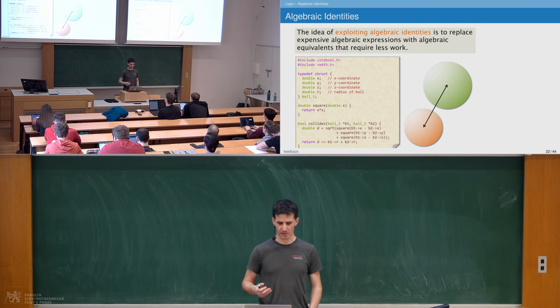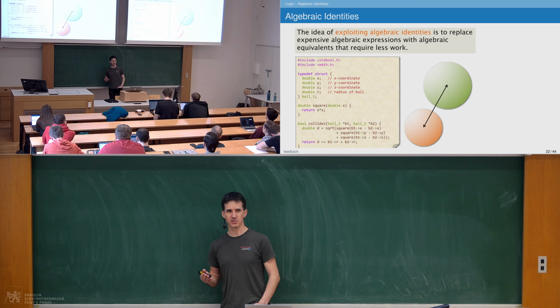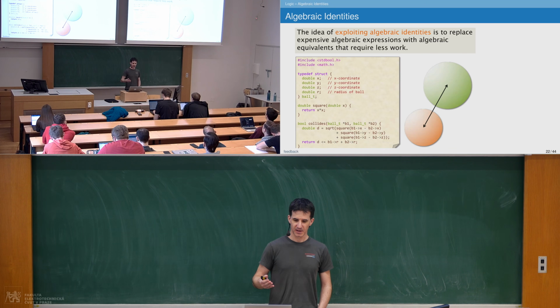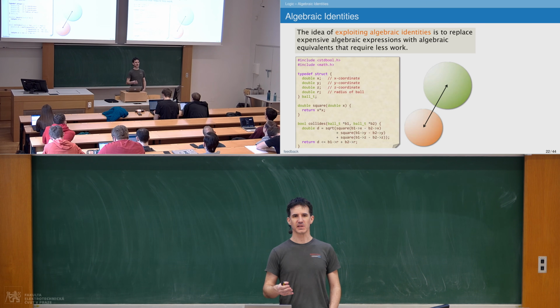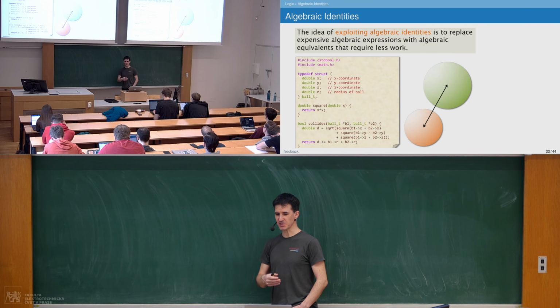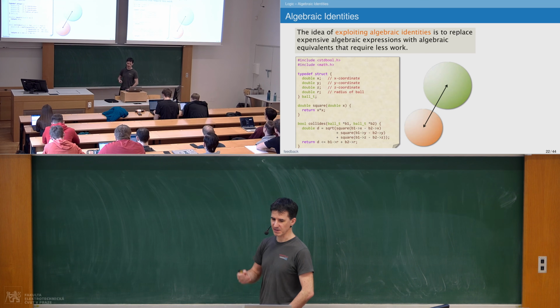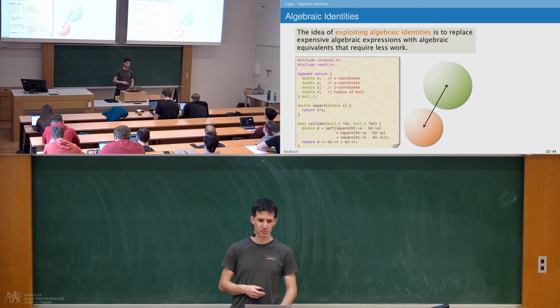What's the goal? Here we want to calculate whether this d is smaller than the sum of two radiuses. And the algebraic identity which you can use here is that if the square root of some number is greater than the square root of another number, then it's the same as the number being greater than the other number, provided that they are both positive.